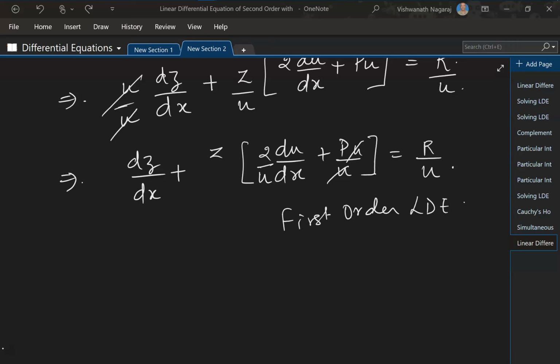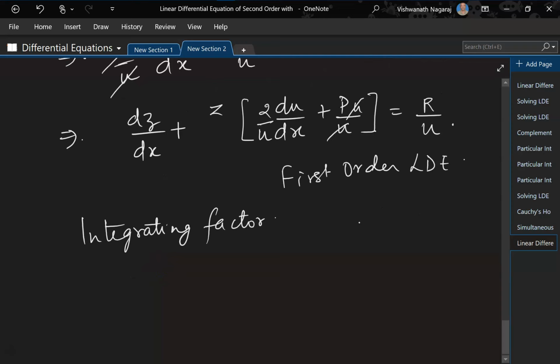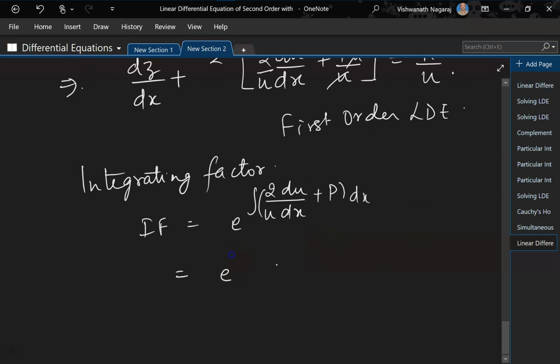Remember, to solve this we use an integrating factor and we multiply it with both sides. So here the integrating factor would be e to the power of integral of (2 du/(u dx) plus p) dx. When we integrate the first term, 2 is a constant as it is, 1 by u du is log u, plus integral of p dx as it is.